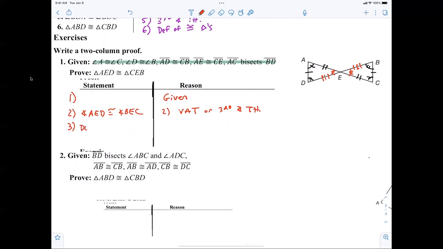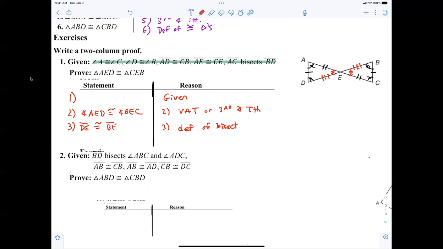DE is congruent to BE. I'm good with that. Why is DE congruent to BE? Yeah, definition of bisect, right? Definition of bisect. Everybody good with that?